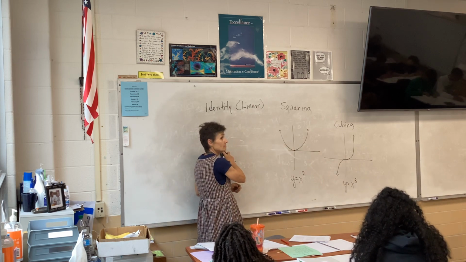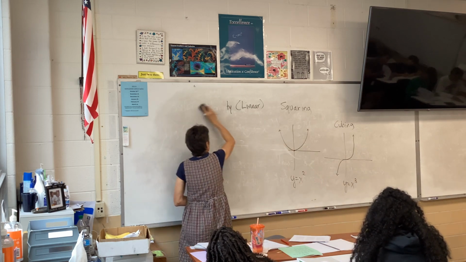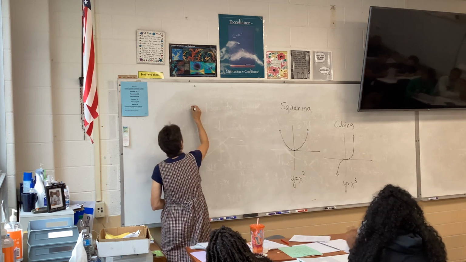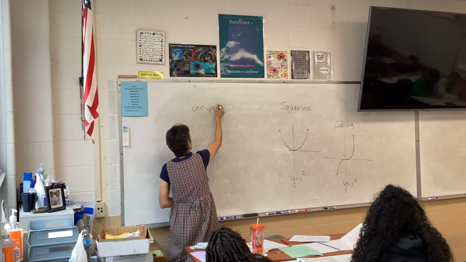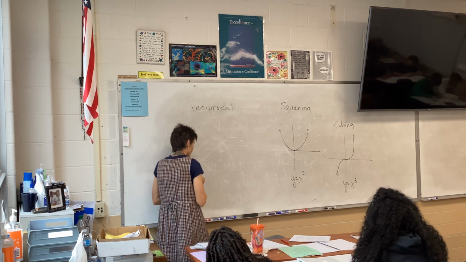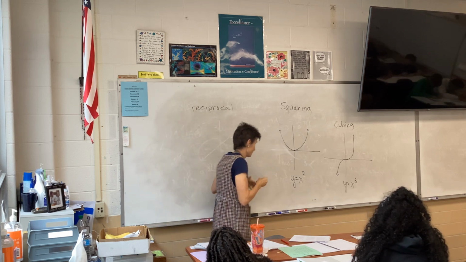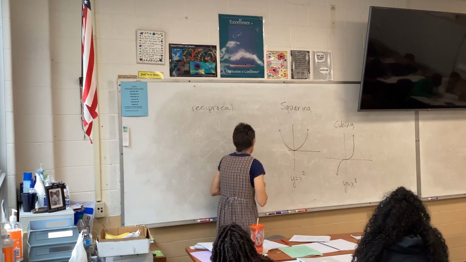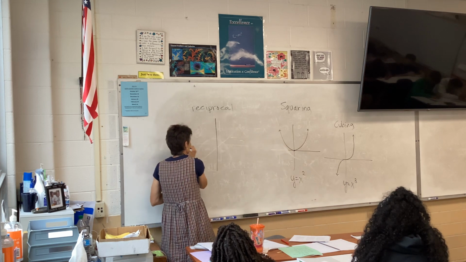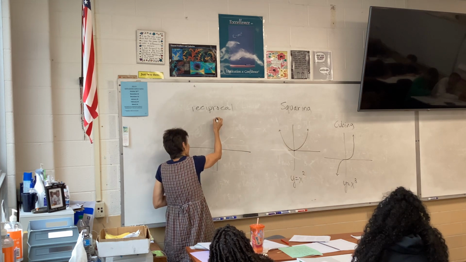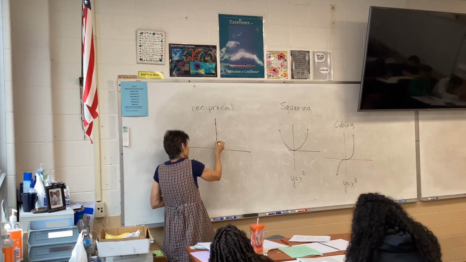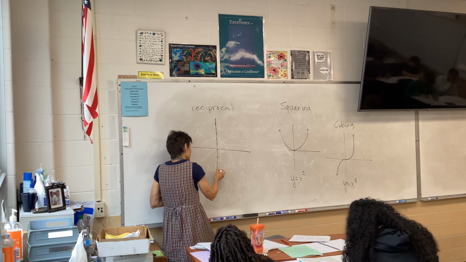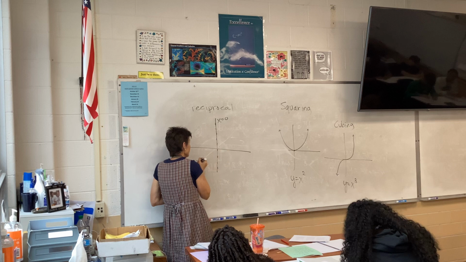Reciprocal function. All right, so the reciprocal function has a picture that's kind of different. So you're going to make an asymptote right here on the y-axis. That's x equals 0.